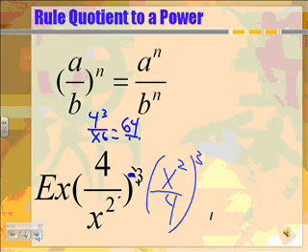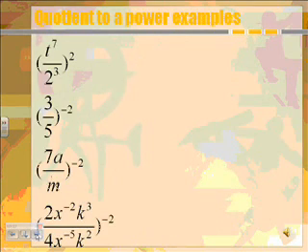Now you don't have any negatives to deal with at all. And you get x to the 6th over 4 to the 3rd. That's the same thing, so it works both ways. I find this way less confusing because you don't have all your negatives. You guys hate negatives anyway. You end up screwing up some signs here and there, so just watch that.